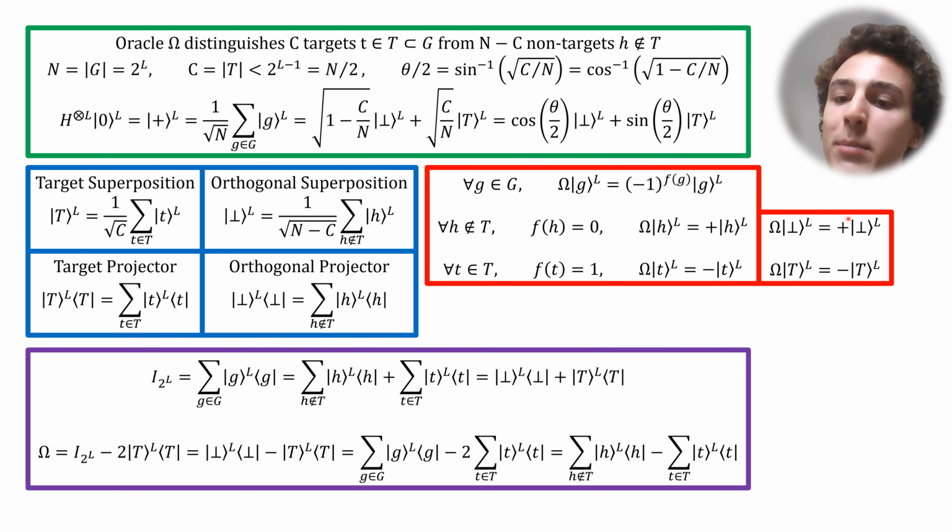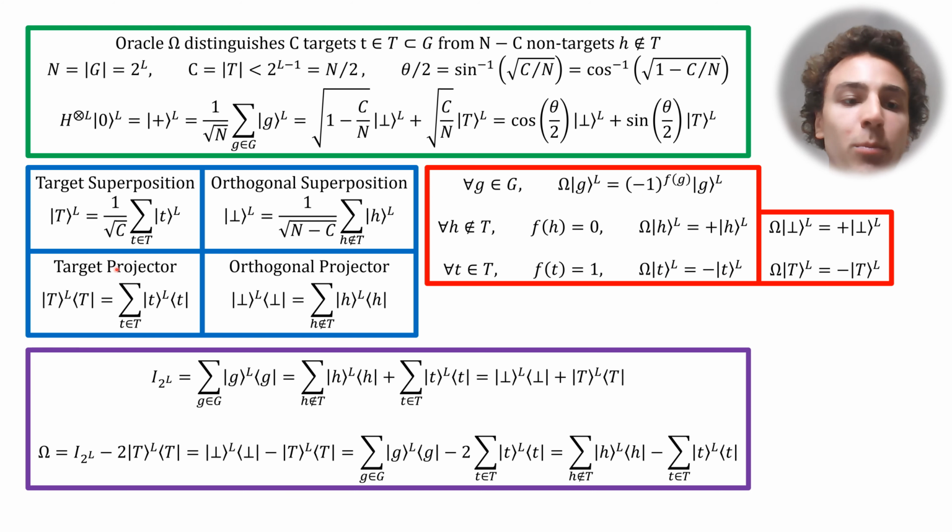So that means we're going to have a minus sign out the front of this target superposition when the oracle omega acts on it. So you can see that this is how we're going to mark the targets of search. It's a way of distinguishing the states that we're looking for from the states that we're not looking for. So that's what's happening in this red box over here.